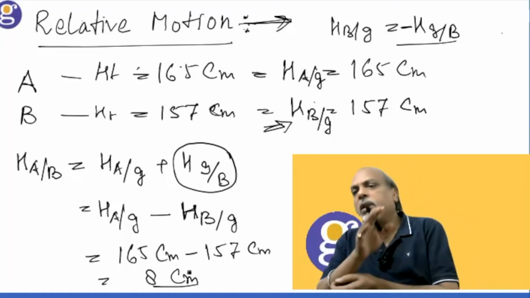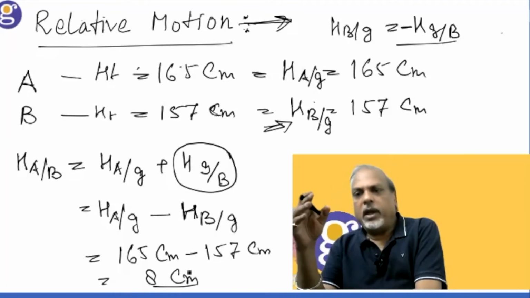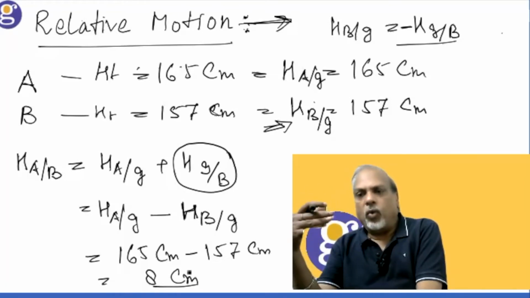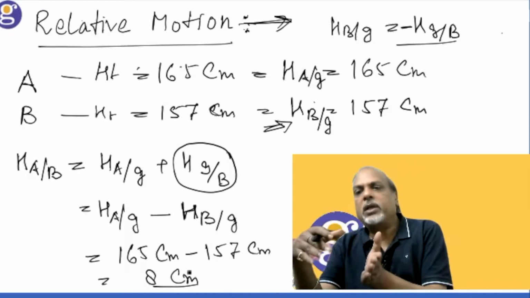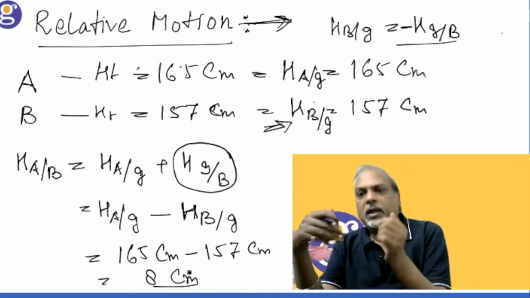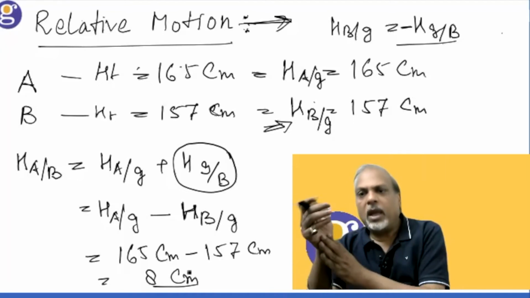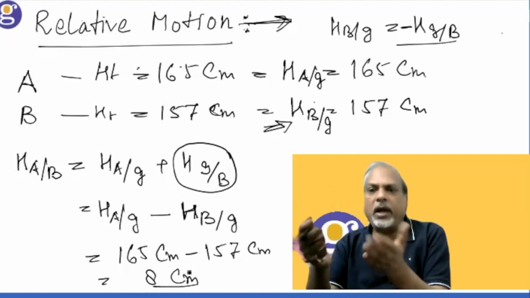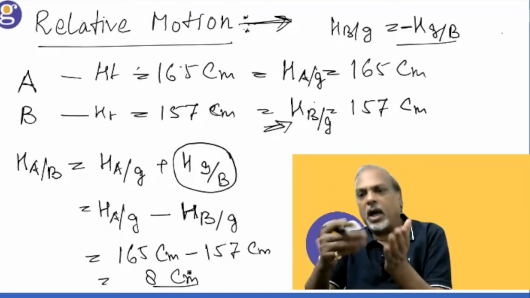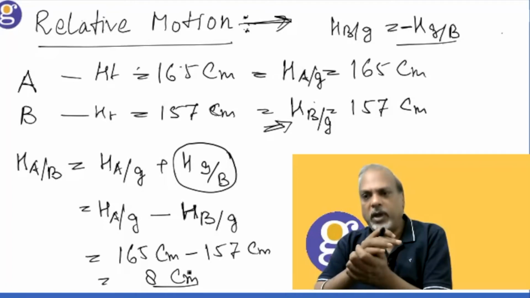So this is giving you a little bit of idea what are the things in relation to what. So these two heights are basically with respect to ground, and we have converted these heights as per our requirement, which is we have to find out height of A with respect to B.